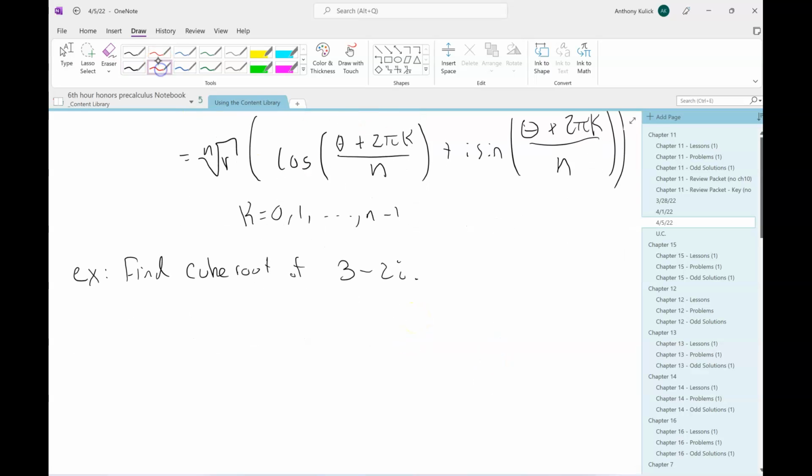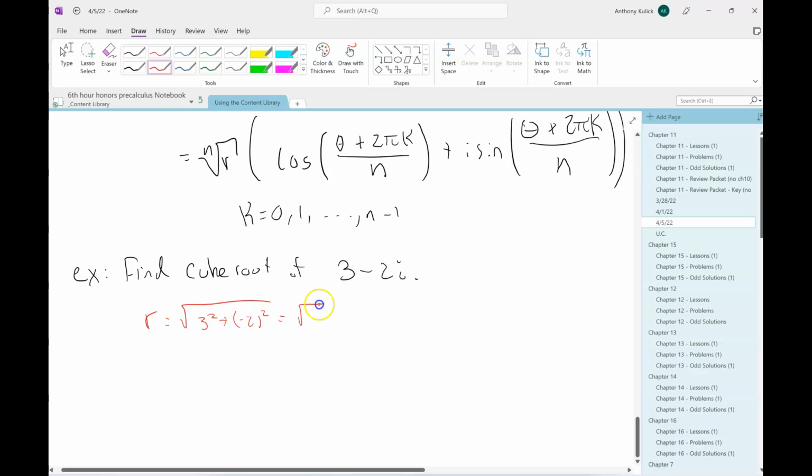So let's say we want the cube root of 3 minus 2i. What's the first thing I would do here? Yeah, I'm taking that 3 minus 2i and putting it into trigonometric form, because that's where all of the good formulas live. So if I plot that, we're down there.